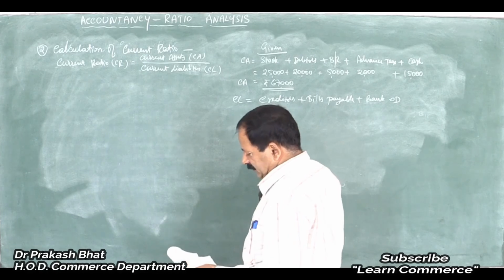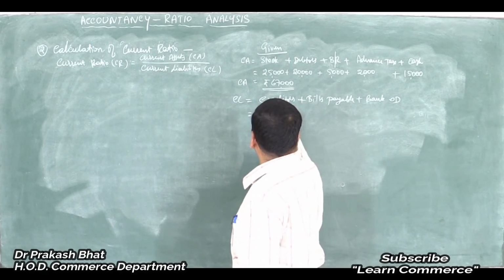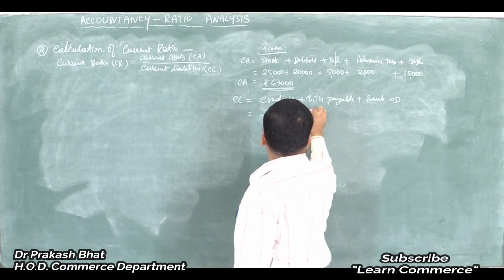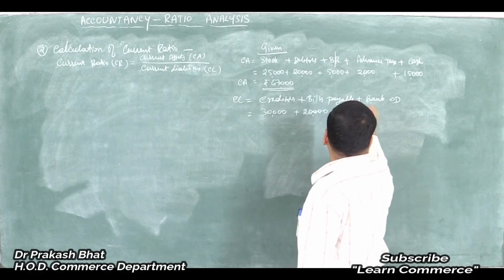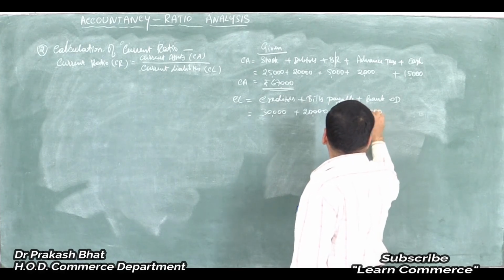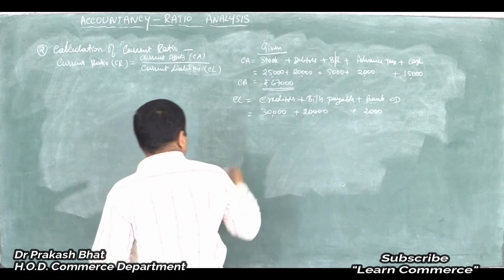How much? 30 plus 20 plus 2, it will be 52,000. Is that correct?